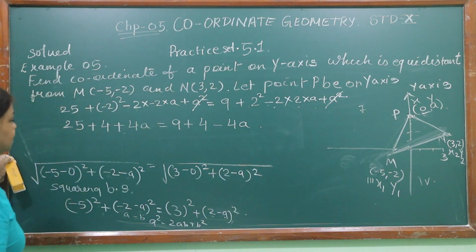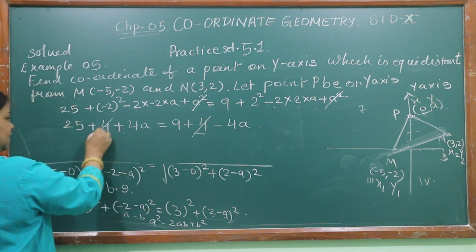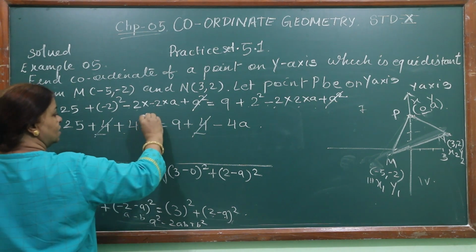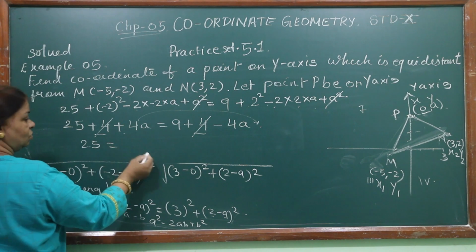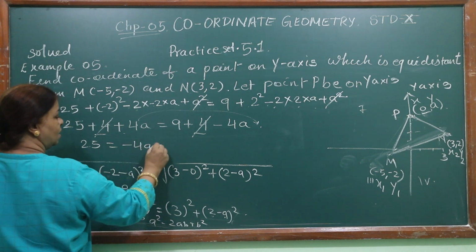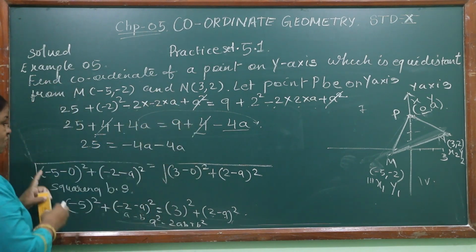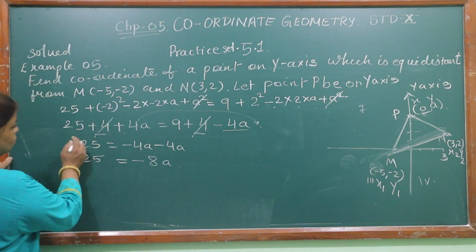And now you see, children, this is plus 4 and this is plus 4. I can cancel it, and I can take this 4a to this side. 25 is equal to minus 4a minus 4a, minus 4a is already there, and 4a will go there, it will become minus 4a.